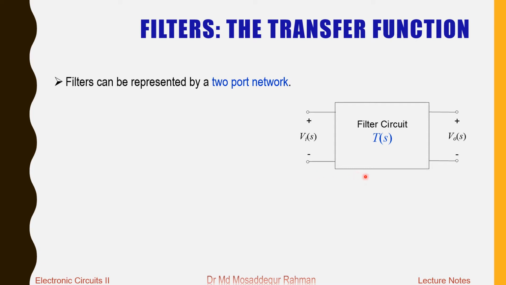An amplifier also has an input port where we apply the input Vi, and an output port where we take the output from, denoted by V0. Similar to the amplifier, a filter circuit is represented by a two-port network.